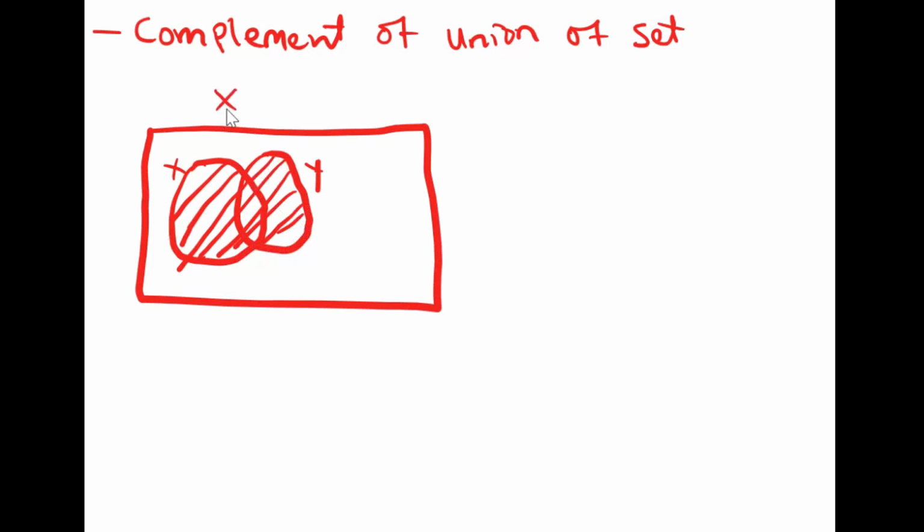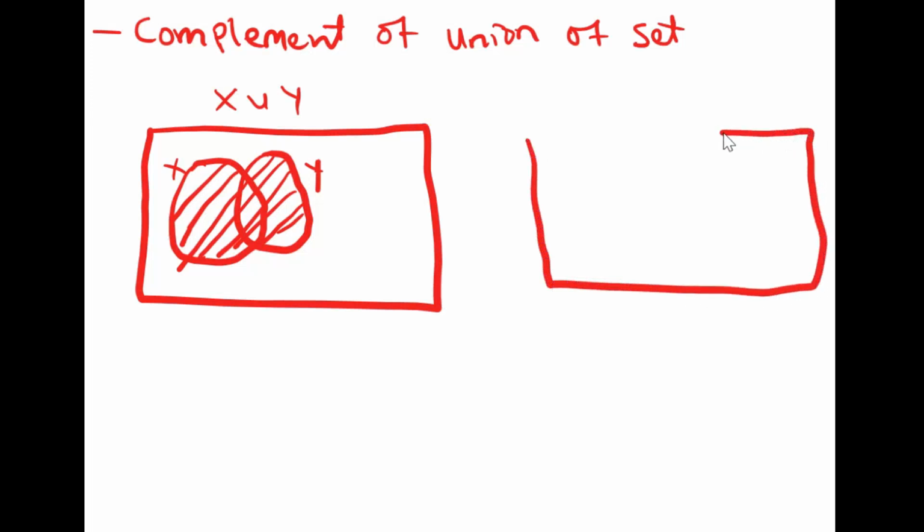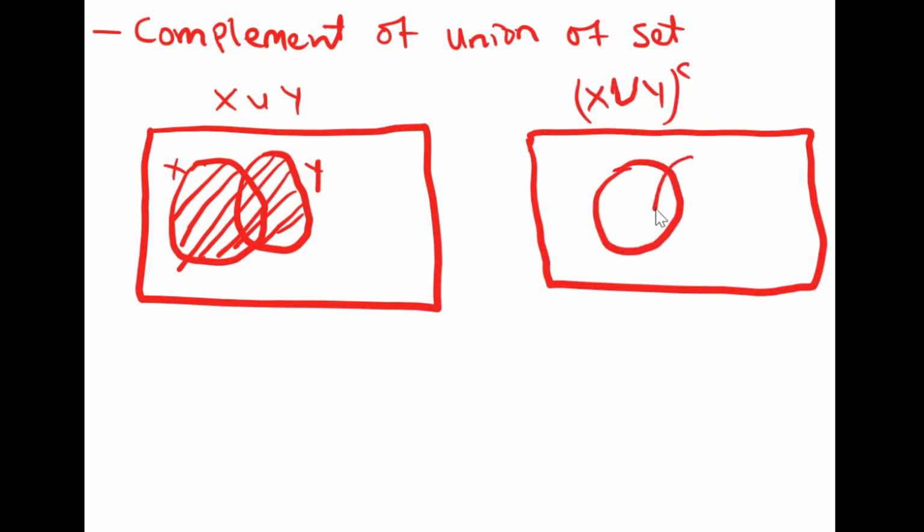This is X union Y. So now for X union Y complement, we have set X and set Y. The X union Y complement will be this shaded part now.